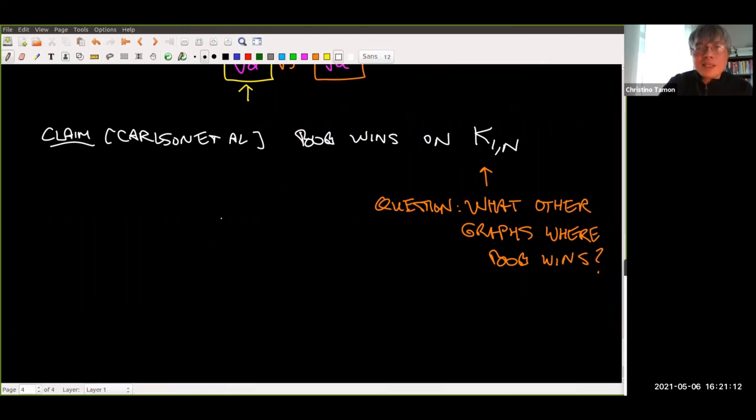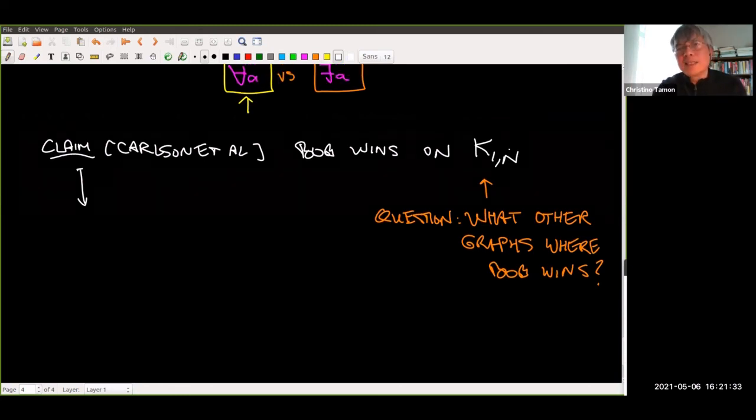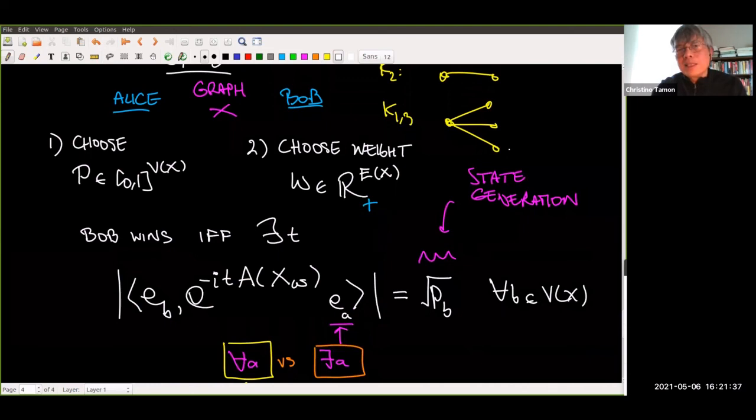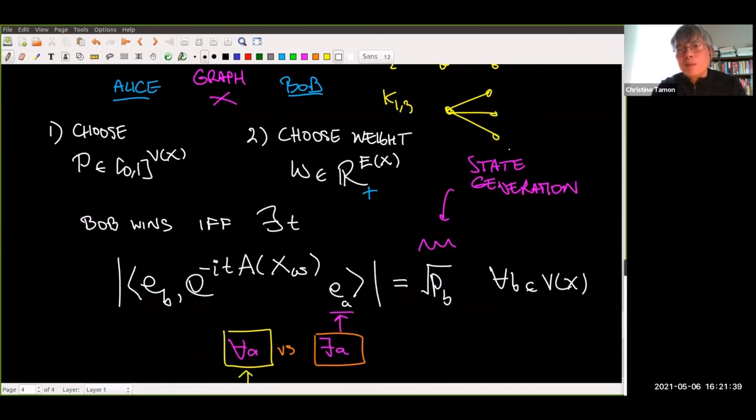But I'd like to mention a follow-up here, and this is probably the last thing I will say. For the longest time, I was thinking, can I ask, what would be your candidate for the hardest possible graph where you think Bob cannot win? If you had to guess an X for which Bob is probably going to lose.